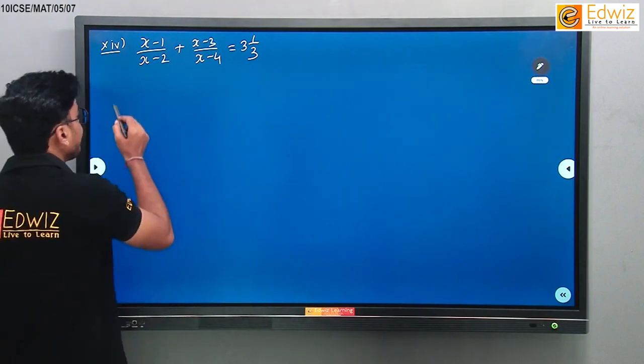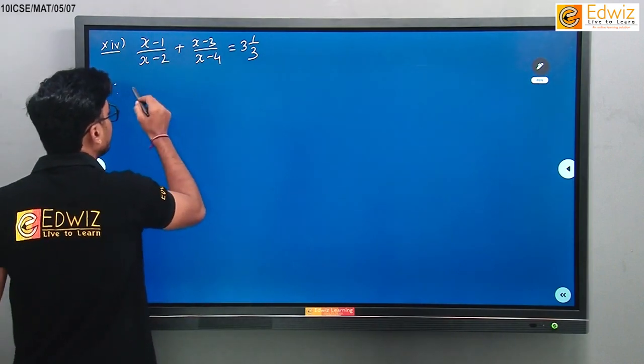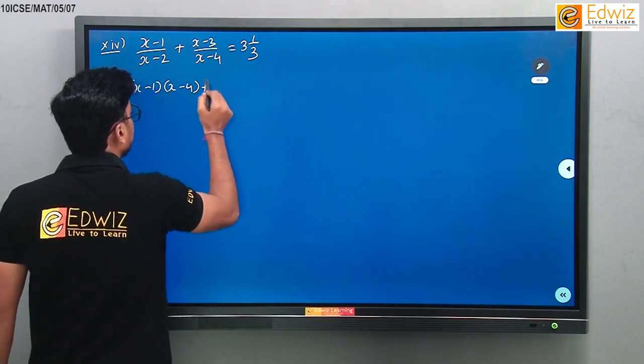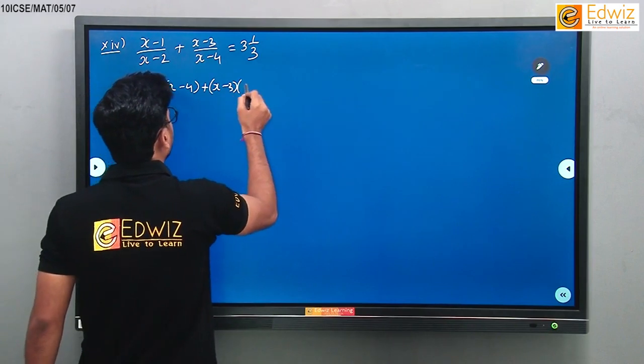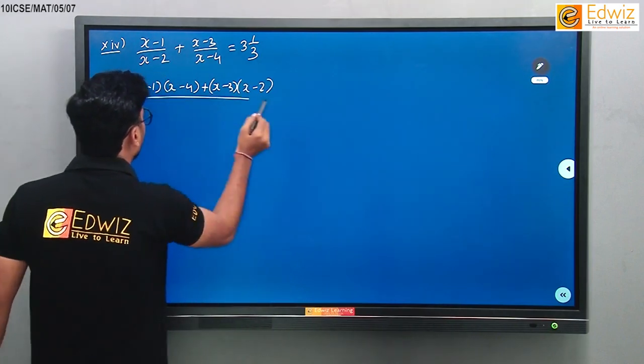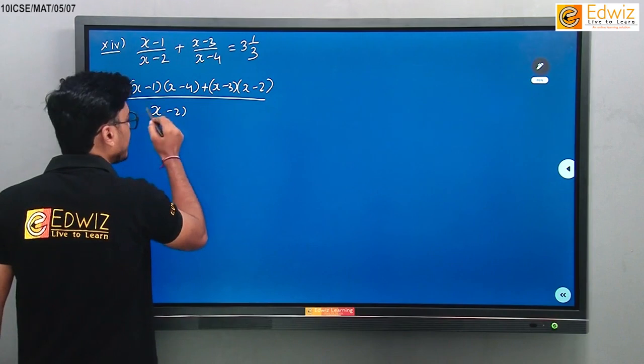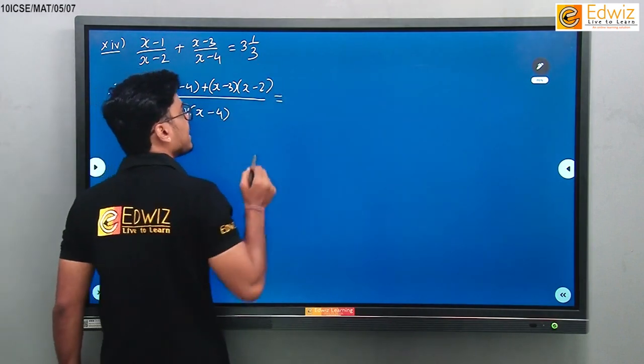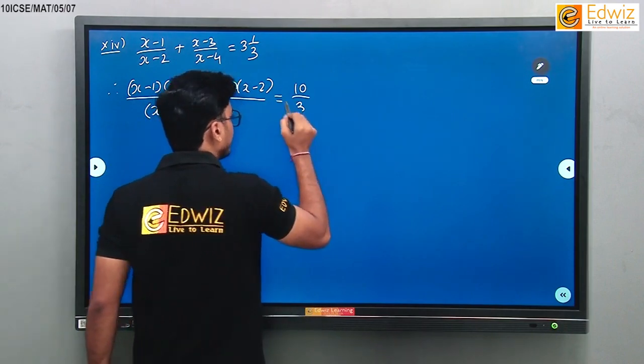First let us solve the left hand side. Cross multiply: x minus 1 multiplied by x minus 4 plus x minus 3 multiplied by x minus 2 upon x minus 2 multiplied by x minus 4 equals 3 3s are 9, 9 plus 1 is 10 divided by 3.